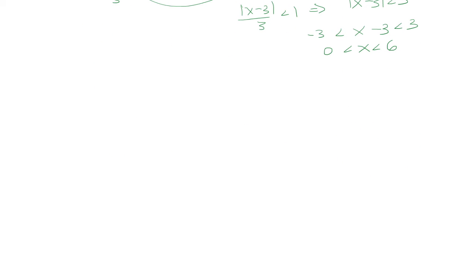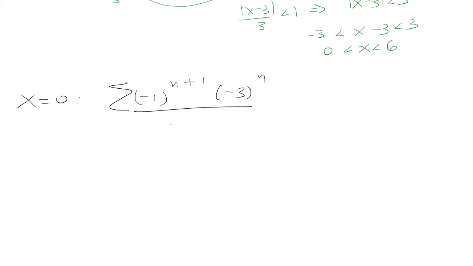So first we'll be looking at x equals 0. Let's plug that in for x. We have negative 1 to the n plus 1, and then 0 minus 3 to the n over n times 3 to the n. So I can rewrite negative 3 to the n over 3 to the n as negative 3 over 3 to the n, which is just negative 1 to the n.